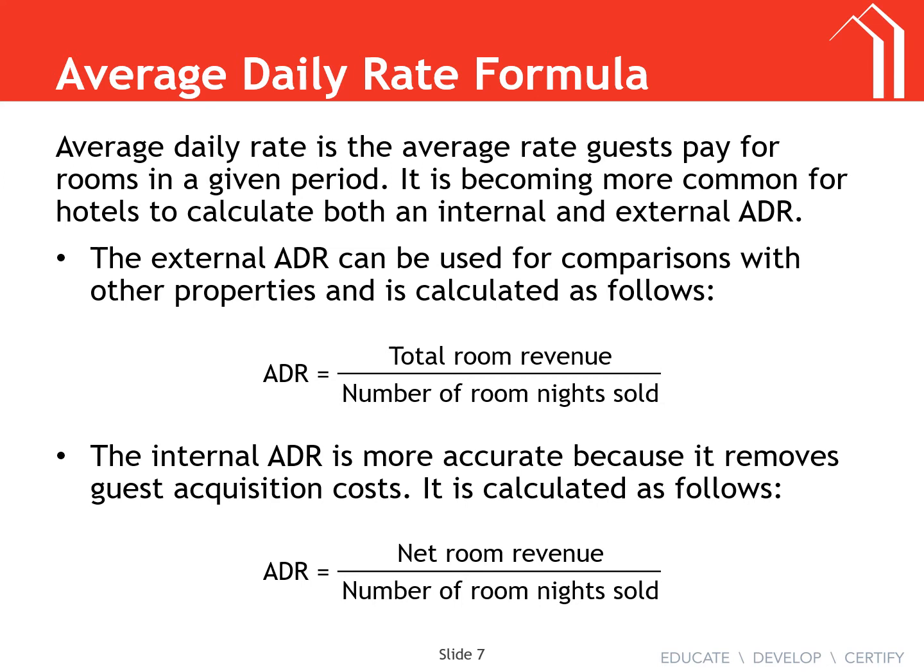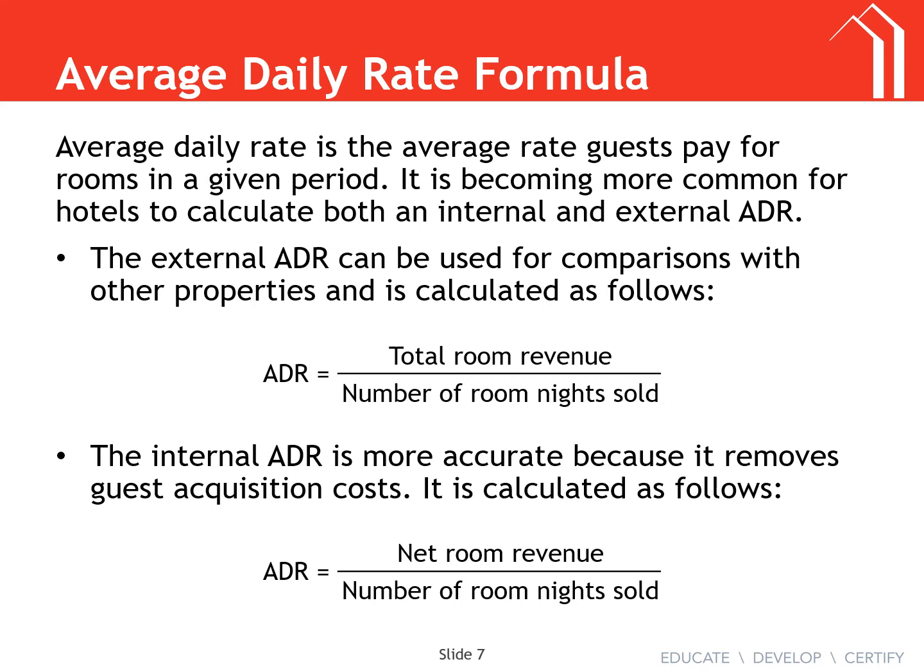The expectation of ADR is that it will gradually increase from year to year. And comp rooms are not included in the average daily rate. And the formula is going to be the net room revenue divided by the number of rooms sold.